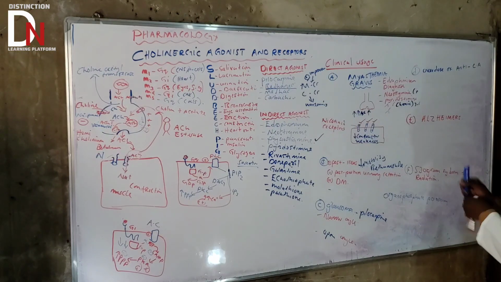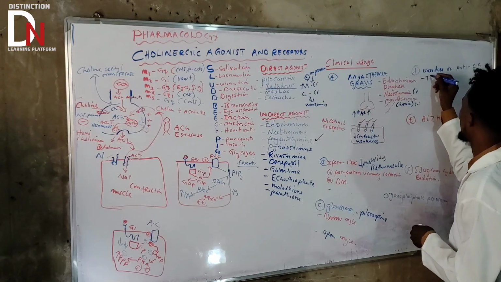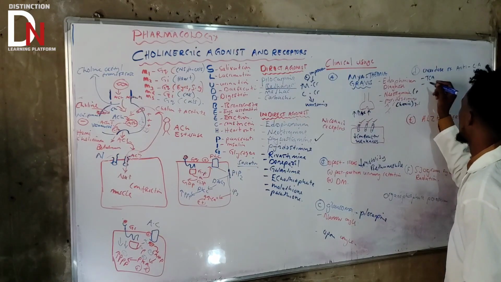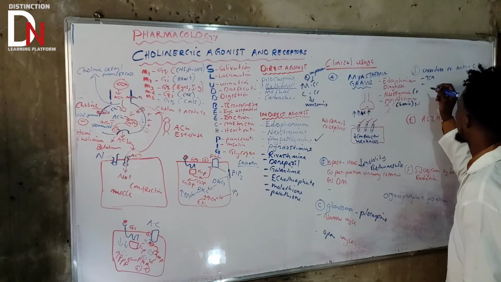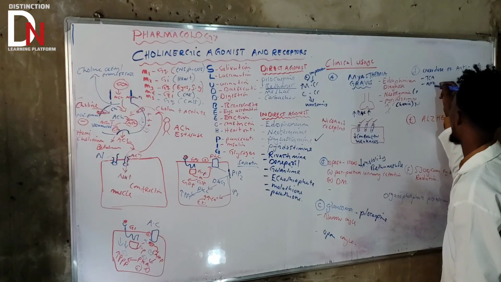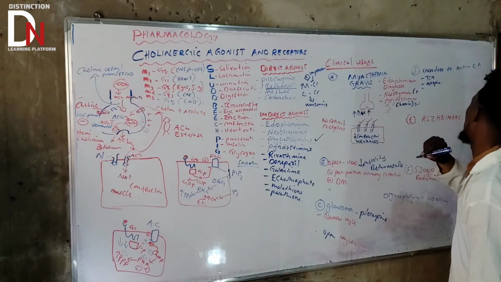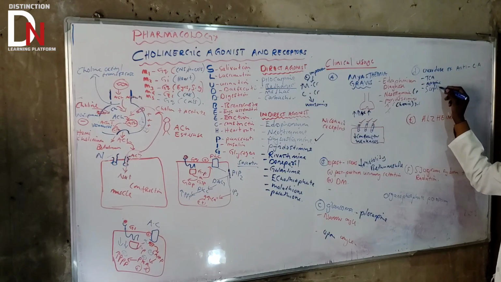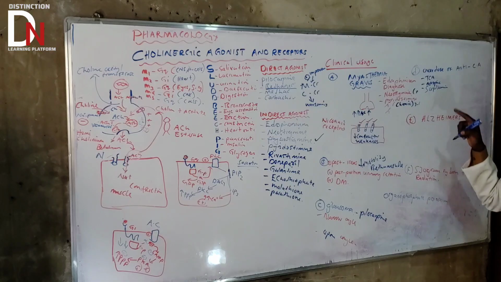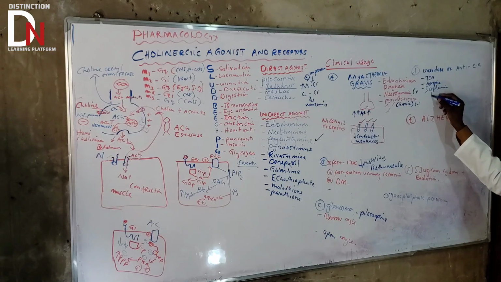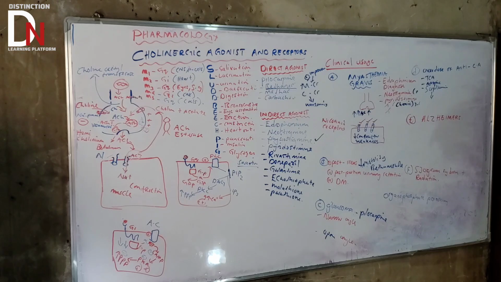So if you have an overdose of TCAs, tricyclic antidepressant drugs, or atropine, or scopolamine, what antidote can you give for the toxicity?